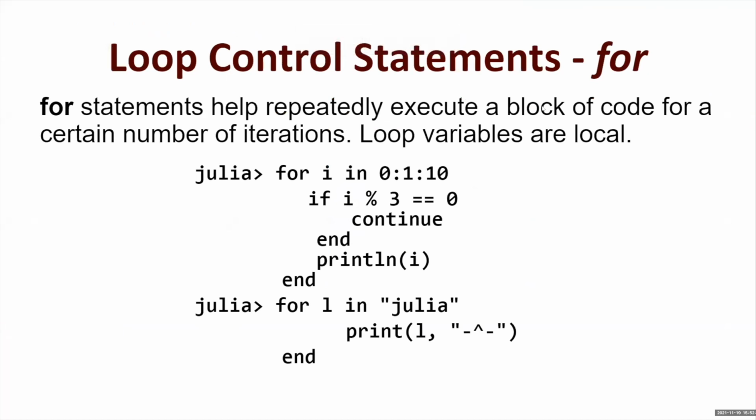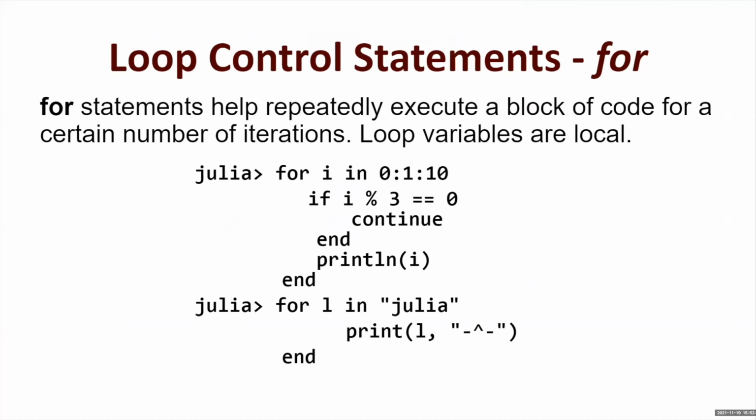That's for the given number of iterations. It's an integer number. You have 10 iterations. But if someone gives you a string, a string is nothing more than an array of chars. So the second example here is just like a shell script.